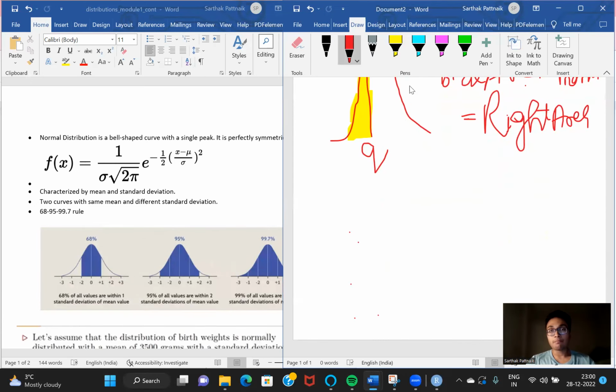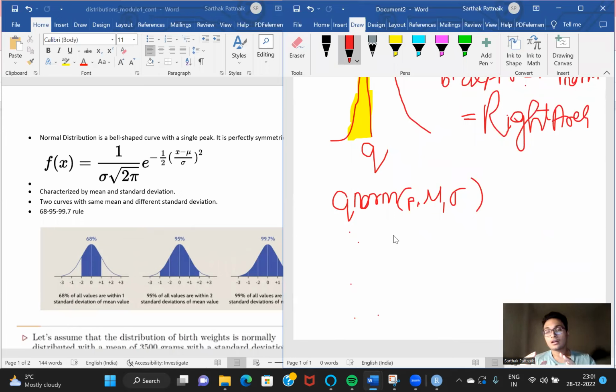Now moving on to our final important function, which is qnorm. In qnorm, you give the p, you give mu, and you give standard deviation. Now qnorm does exactly the opposite of what pnorm does. In pnorm, your input is the point q, and pnorm will return you the area to the left hand side.